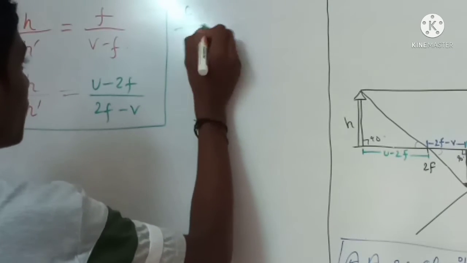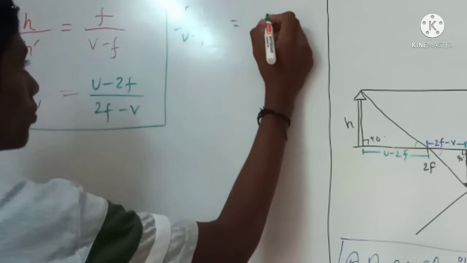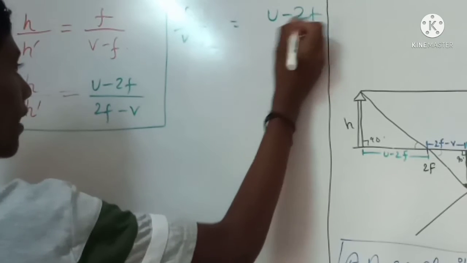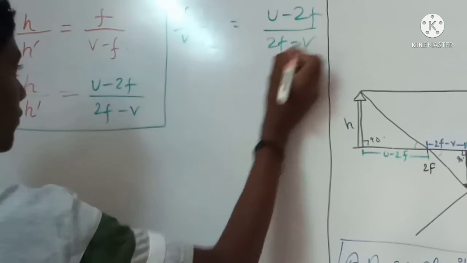From this we can equate: f by v minus f is equal to u minus 2f by 2f minus v.